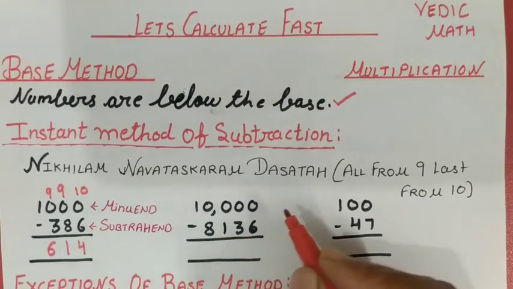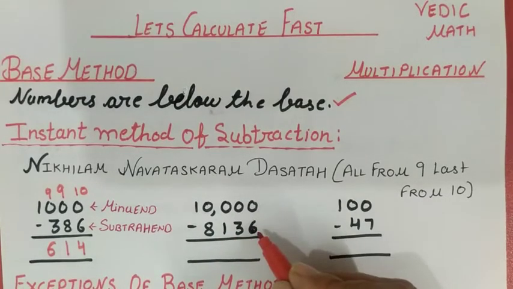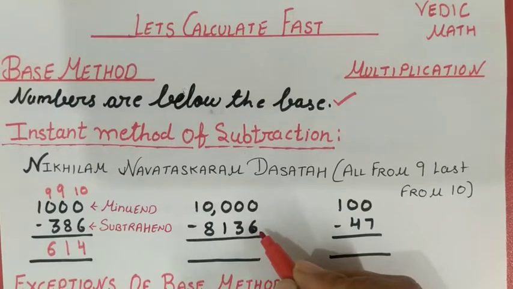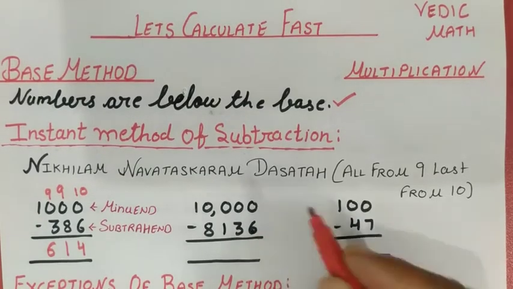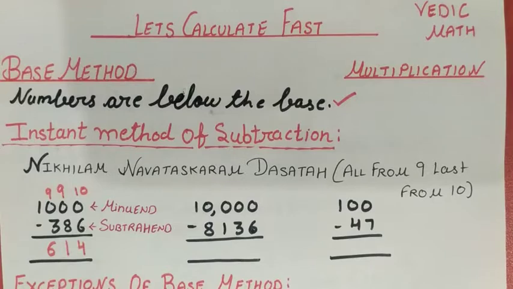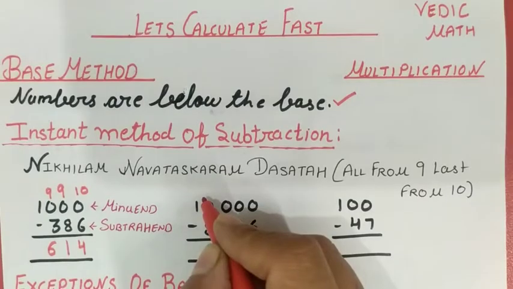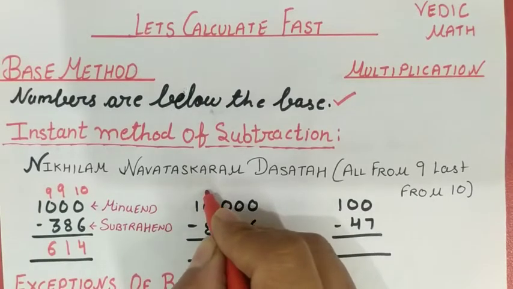Right, let's discuss one more example. See here, the minuend is a base and the subtrahend is some other number, so the sutra is applicable. In this method, starting from the left hand side, we subtract our digits from 9.